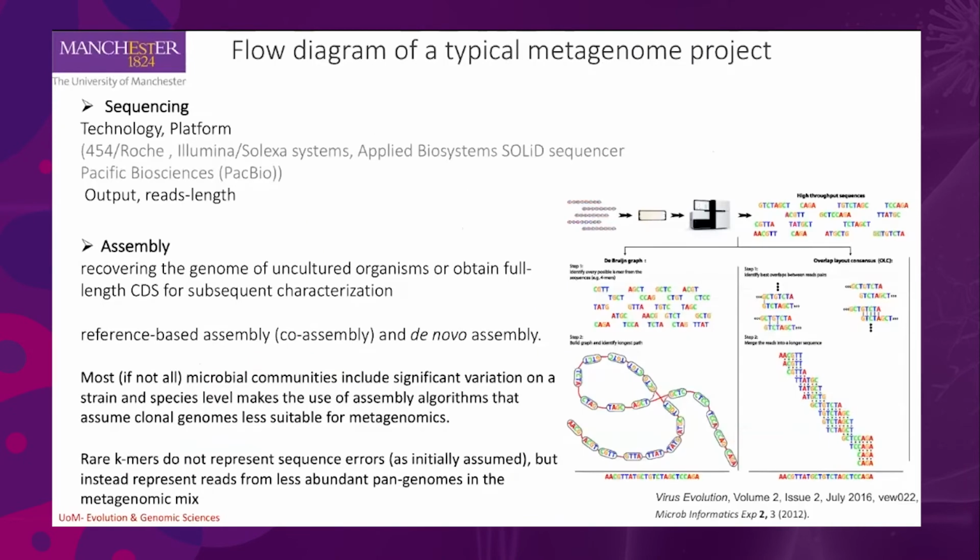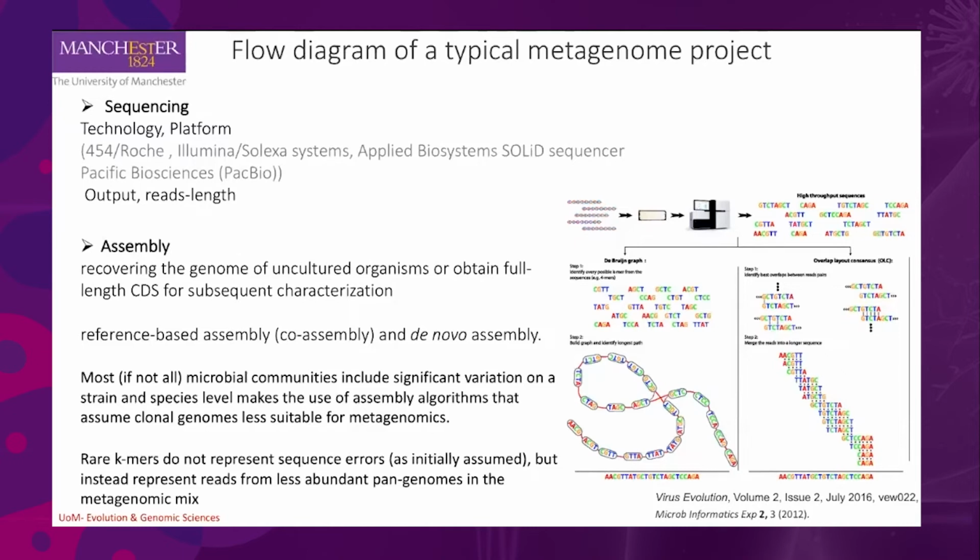So going back to the flow diagram of the typical metagenome project and going to the dry lab aspect, the user needs to pick between different sequencing technologies and platforms. To date, for metagenomic studies, the most widely used are the 454 from Roche, Illumina, the SOLiD sequencer, PacBio, and Nanopore is also trying to get in the game.